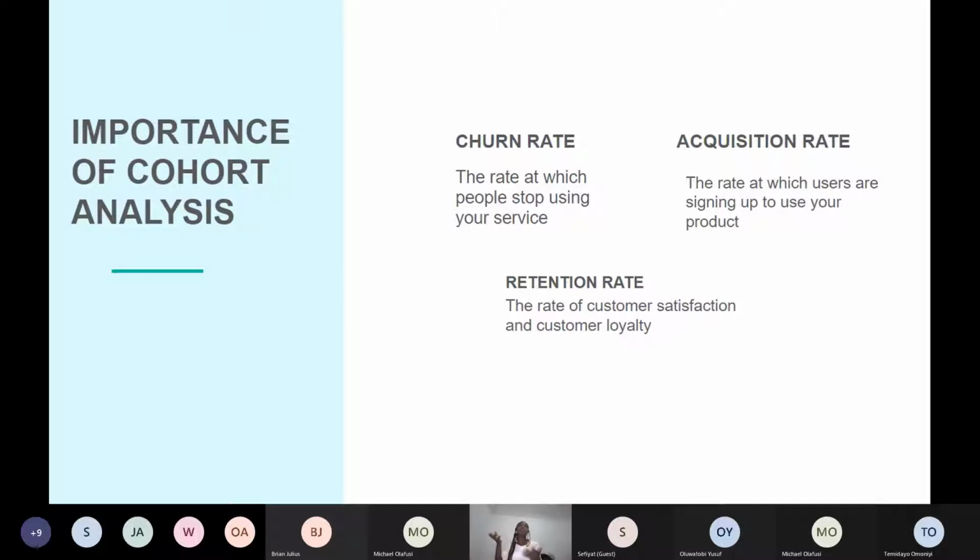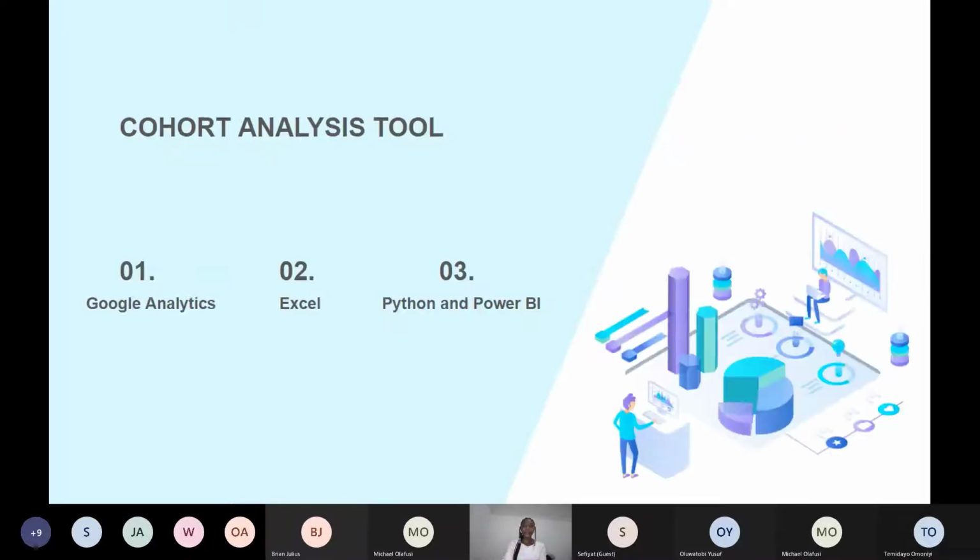If someone trusts you with their money for at least 3 months, yes, that person becomes a customer. And you can check the trend of why at this particular month our lost customers came back. There are so many reasons why it's important for you to run cohort analysis, but I just highlighted these three and you can take it up from there.